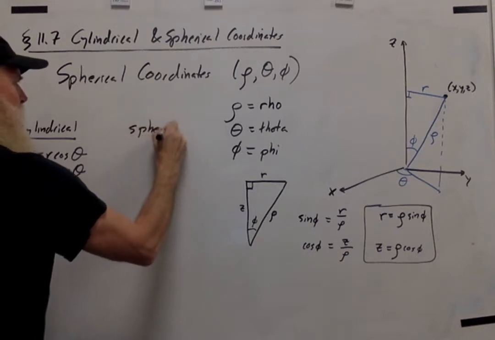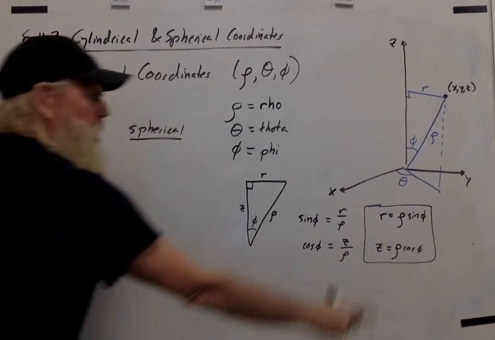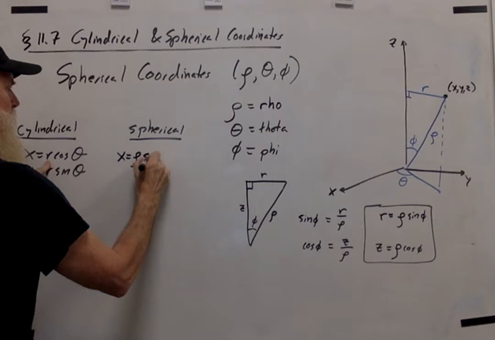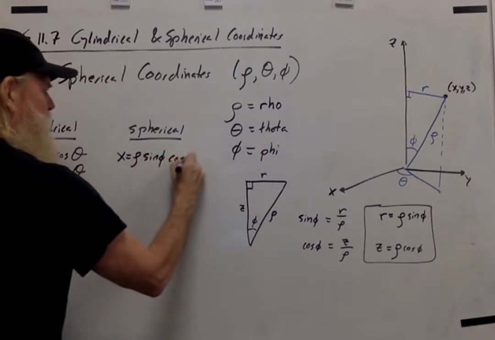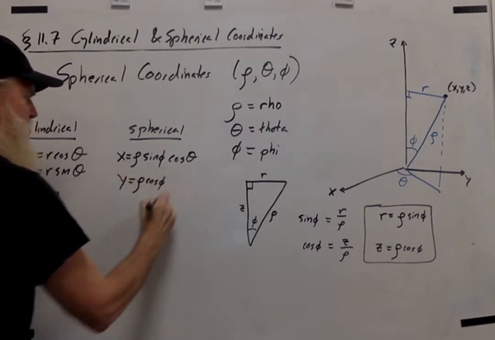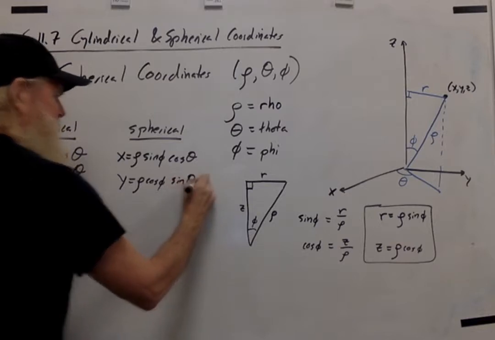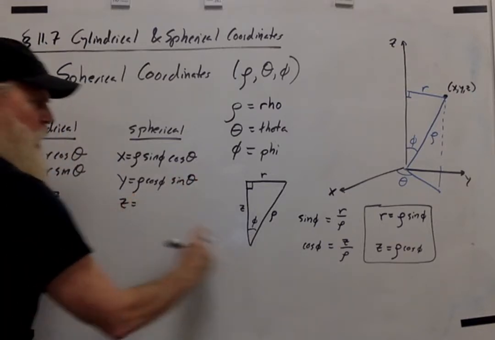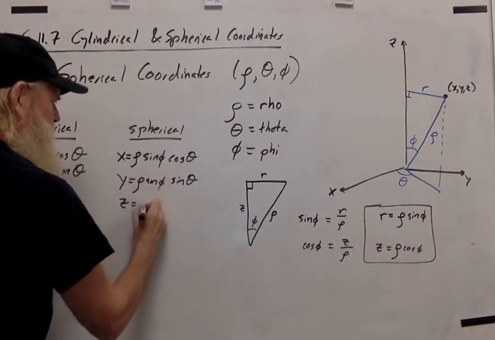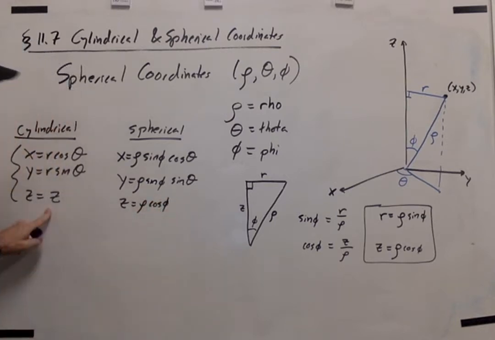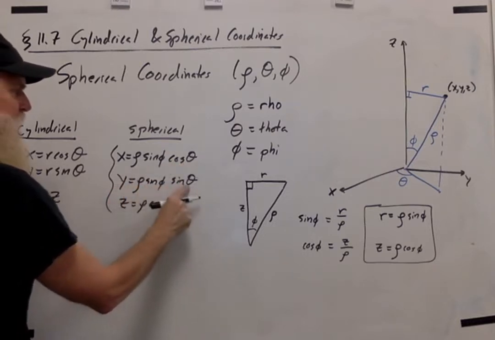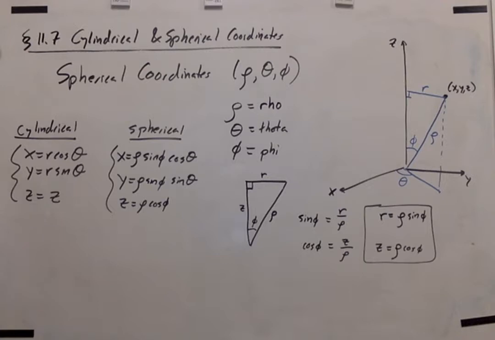In our new spherical coordinates, if we replace r with rho sine phi, we get x equals rho sine phi cosine theta, y equals rho sine phi sine theta, and z equals rho cosine phi. Let me read those again. X is rho sine phi cosine theta, y is rho sine phi sine theta, z is rho cosine phi.